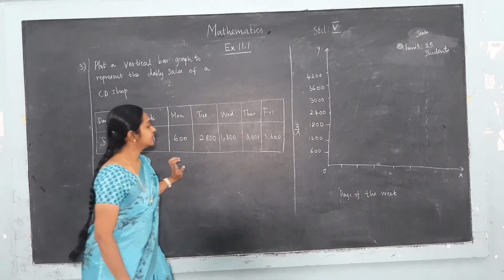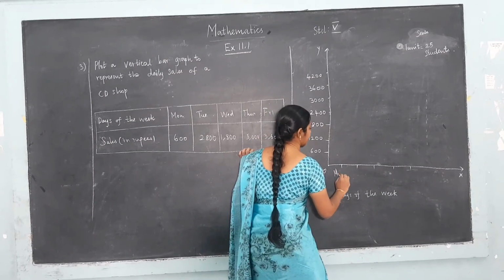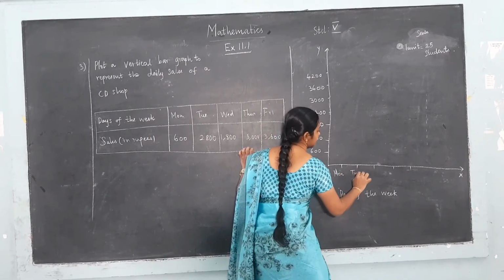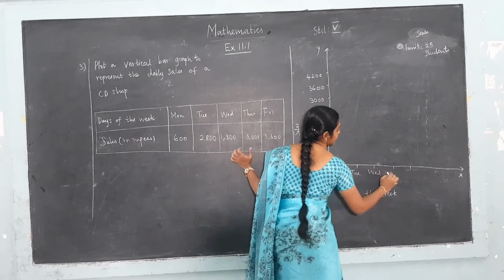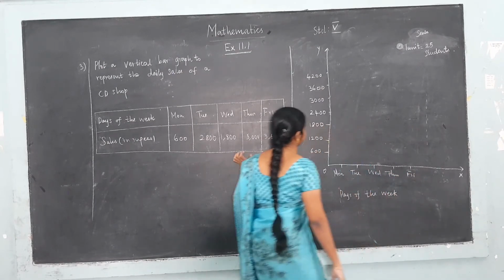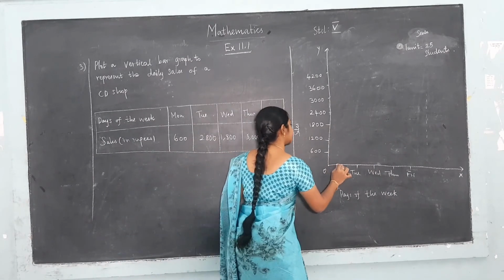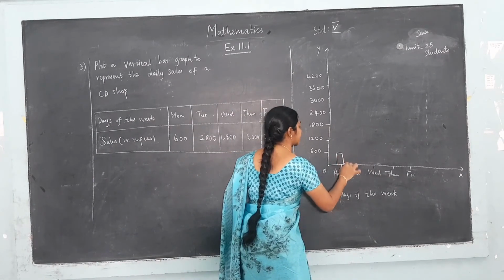Next, we have to write the days of the week. Monday, Tuesday, Wednesday, Thursday and Friday. For Monday it is 600. So from 0 to 600 we have to draw the rectangular bar.